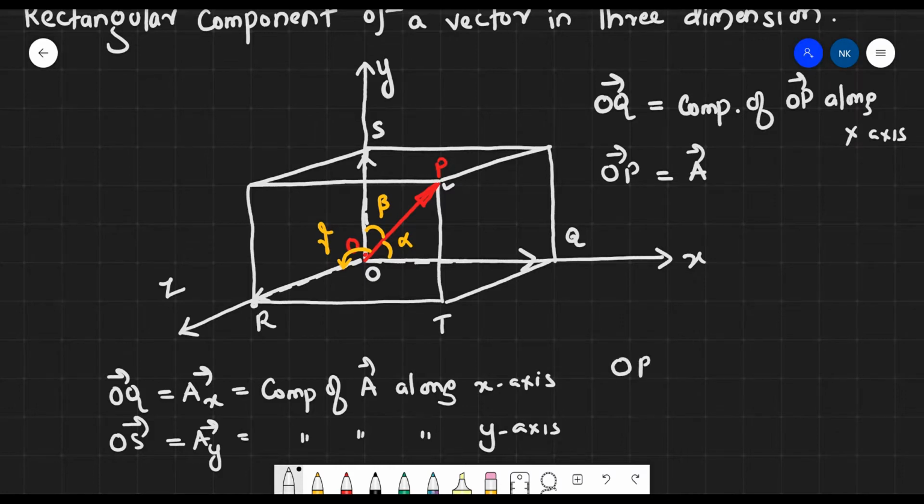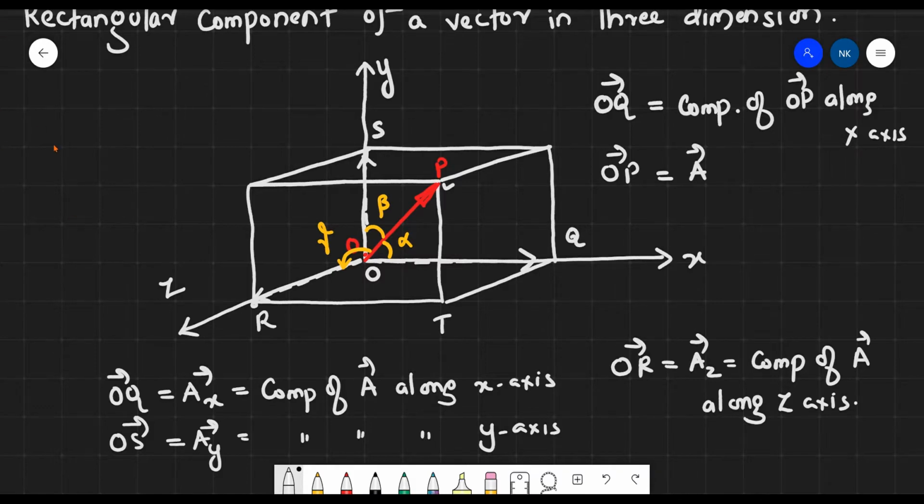Now OR vector I'm going to name it as A suffix Z vector, that is component of A vector along z axis.